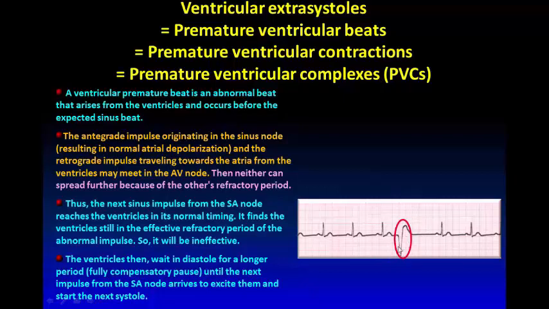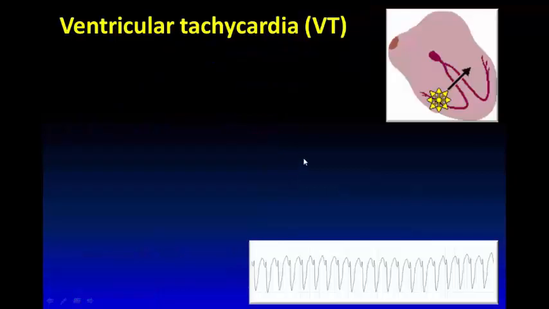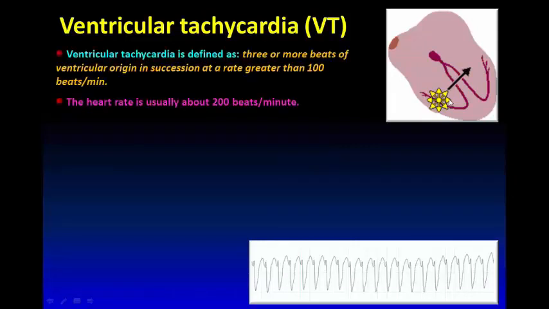The QRS complex is of abnormal shape and it is wider than normal because it arises from one of the ventricles.